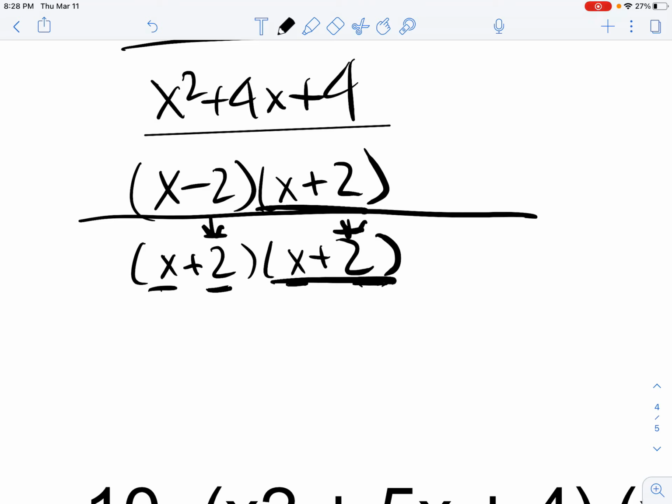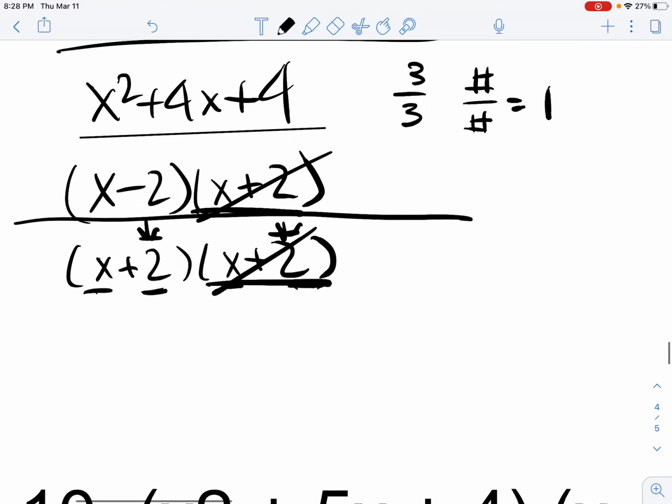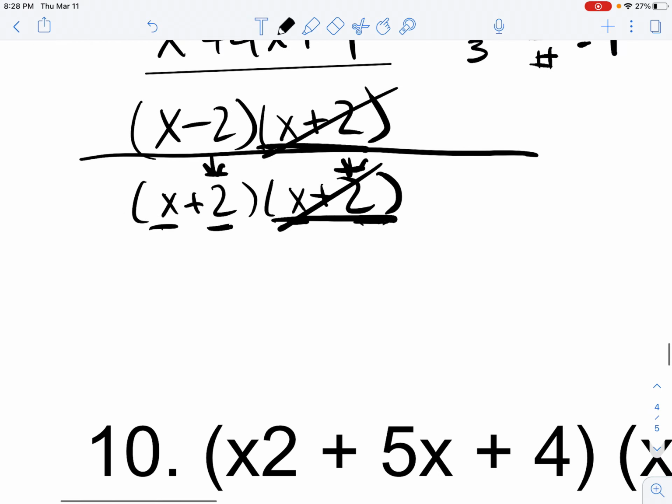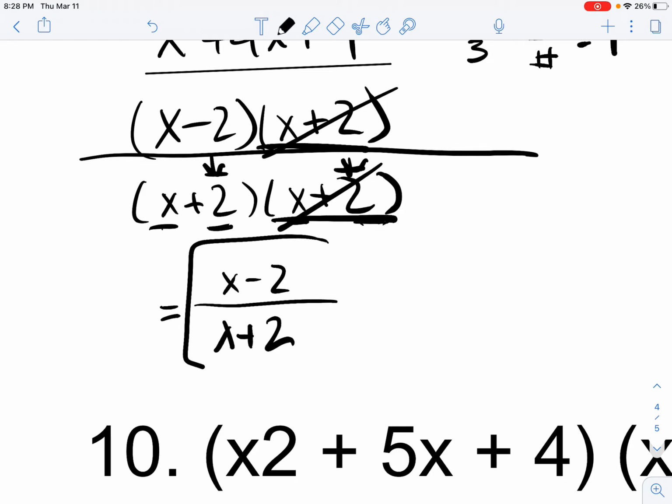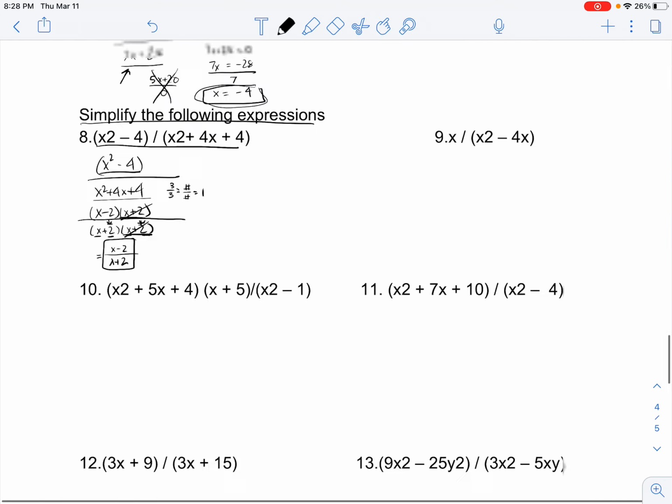Since these are the same, we can just cross them out, because 3 divided by 3, or in general, a number over a number, if they are the same number, is just going to equal 1. Now, our simplified expression would be x minus 2 over x plus 2. And that is our simplified expression from here.